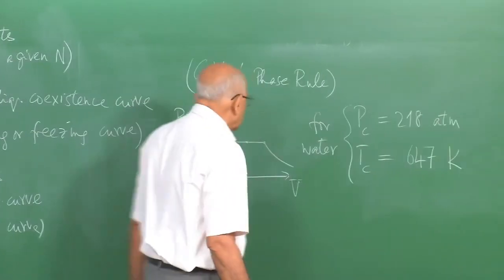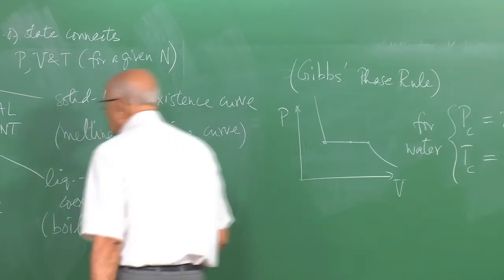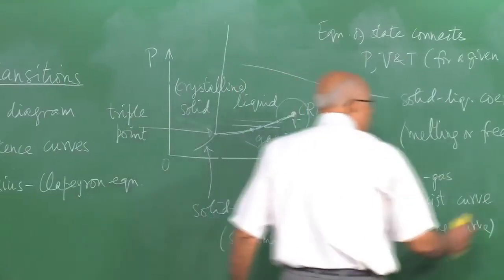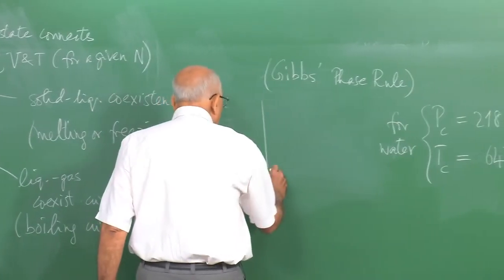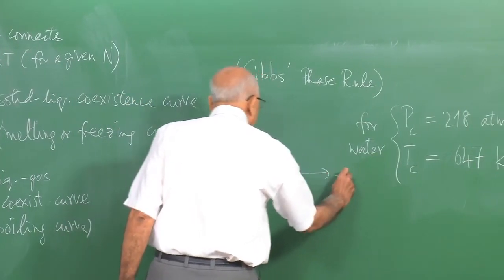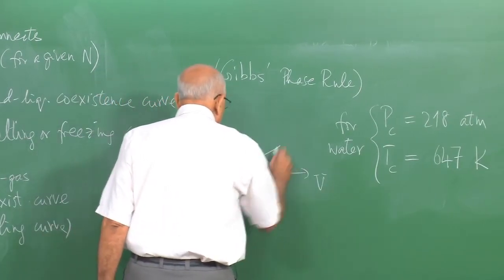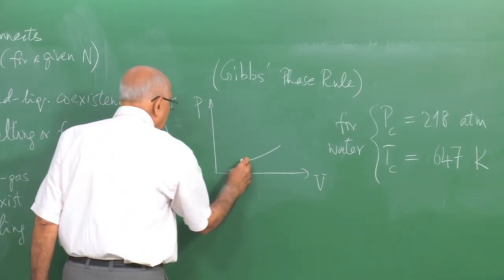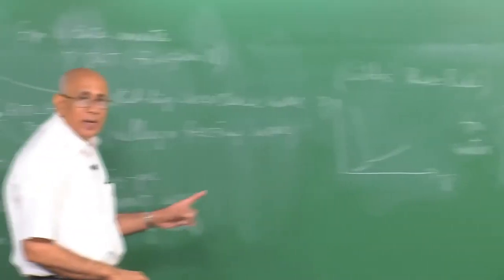Okay. Again, for reference, in the case of water, so here is a schematic for water. Triple point and then a slope which goes this way, that is a surprise for water.